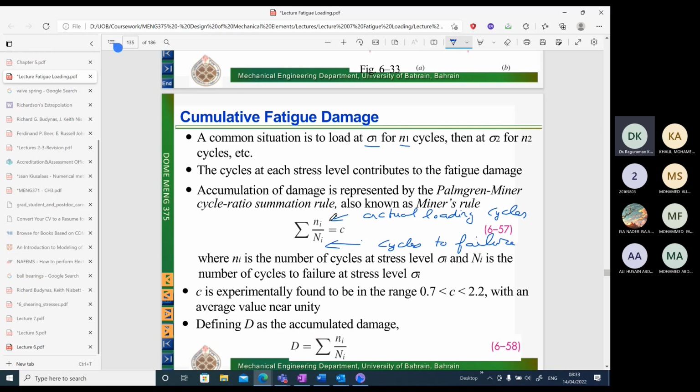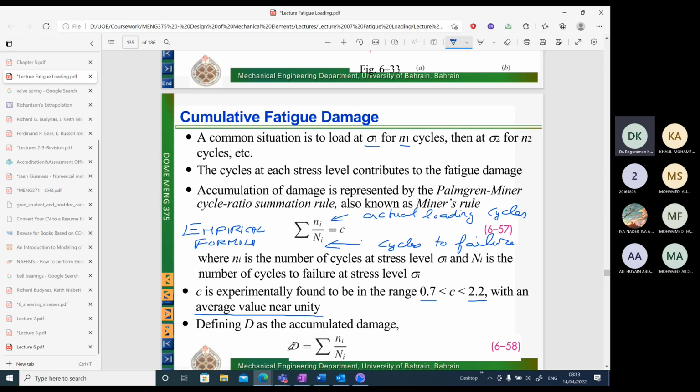Again, this is an empirical formula, not a theory, but based upon empirical observations or experiments. Now, what is this constant C? Experimentally, it is found to be between 0.7 and 2.2. But for most of our problems, we are going to consider a value near unity, the average value.